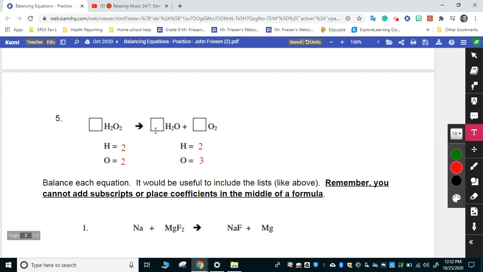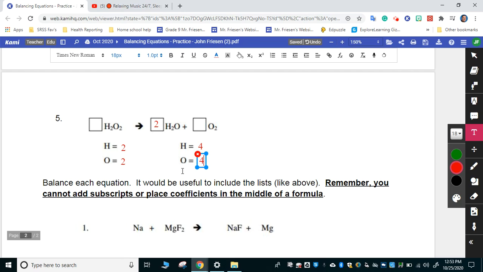So if we are going to, now, and this one can be tricky because you'll notice that only what I put here will affect this O, right? It won't affect this O. And so let's put in a 2. 2 times 2, that makes this now a 4. So is it balanced on the other side? No, but that's okay. And then 2 times 1 is 2, plus 2 is 4.